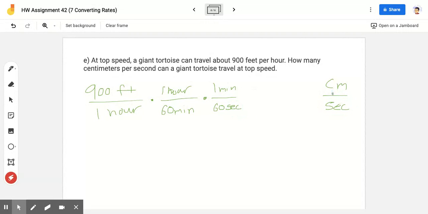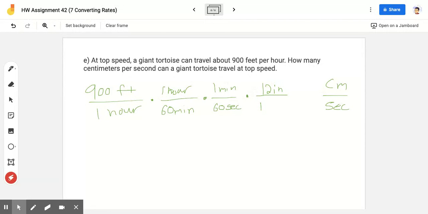All right, let's now get feet to centimeters. So I know that in 12 inches is 1 foot.